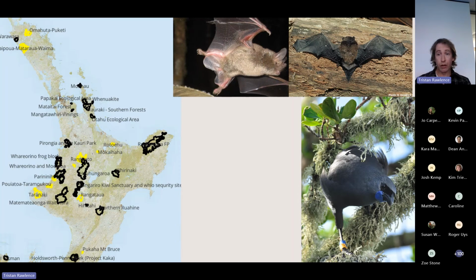In order to be prioritised for this level of suppression at these sites, the species that live at these sites are kōkako, short-tailed bats, and long-tailed bats. It's worth noting too that there's lots of other sites in the North Island that are prioritised for control. They also have short and long-tailed bats, but there's not enough money to deliver that level of suppression currently.